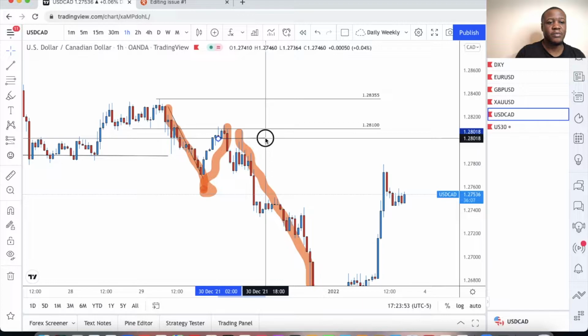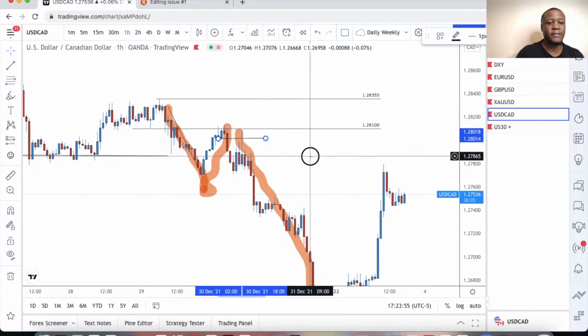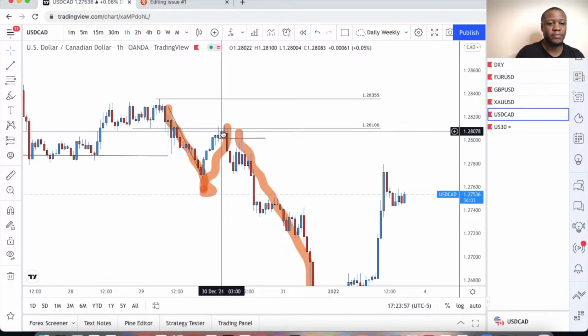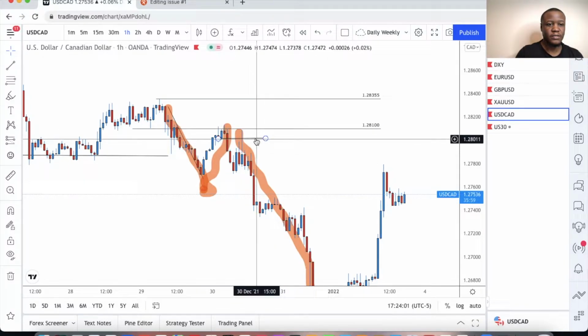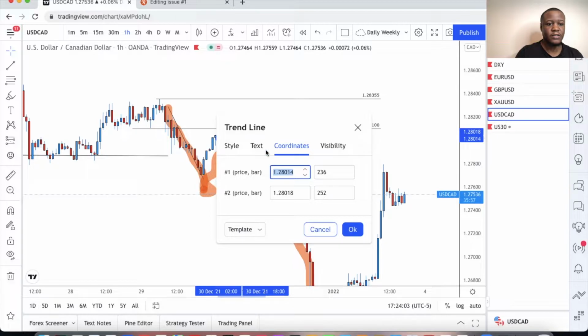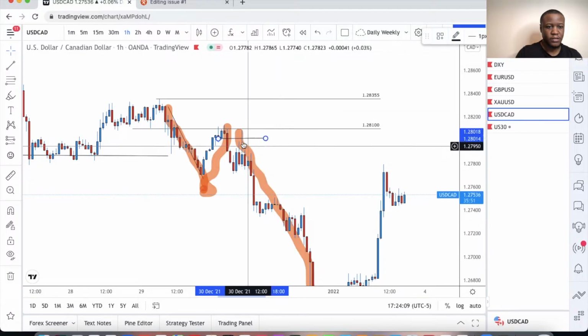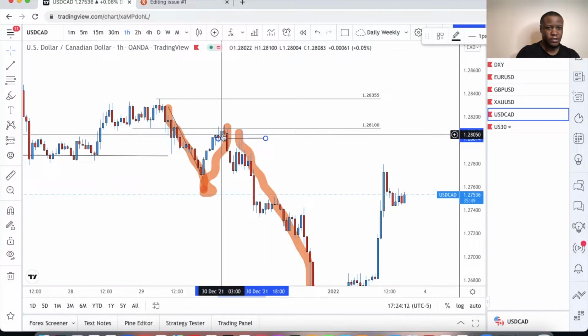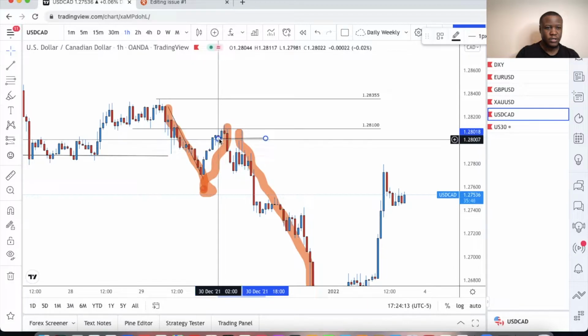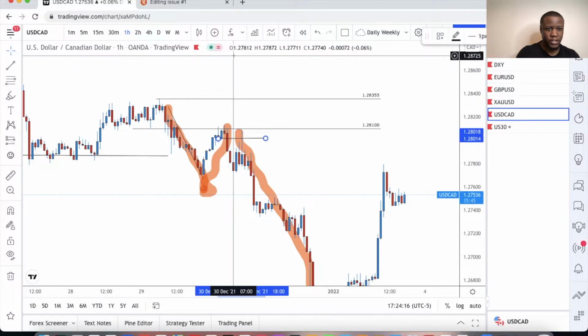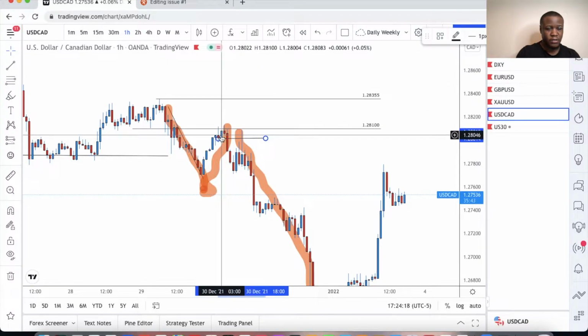your sell stop will be set right here at the bottom of this return candle right here. So your level would be what's the open on this candle, which is up here, 1.28022.